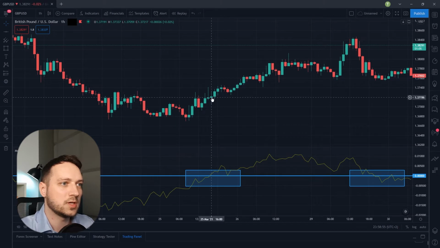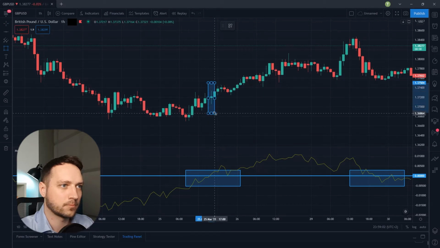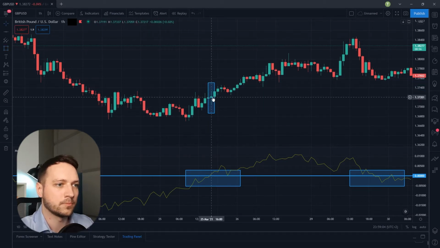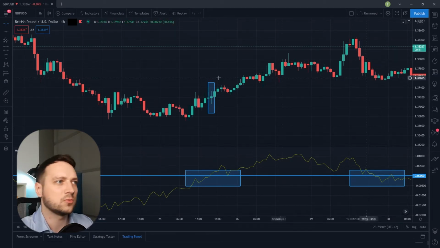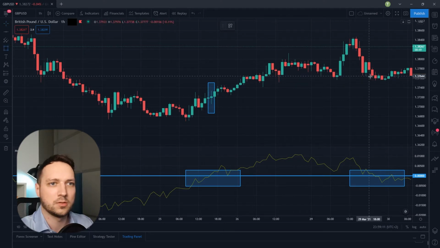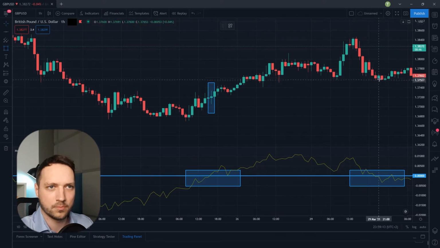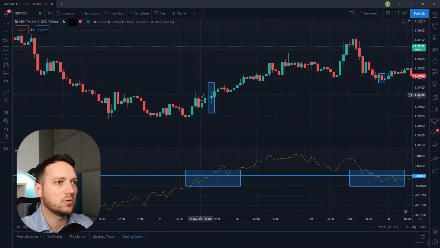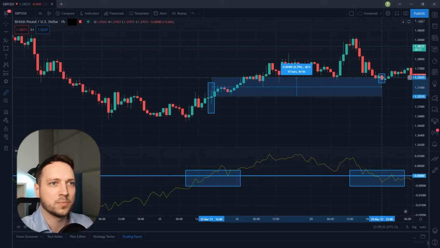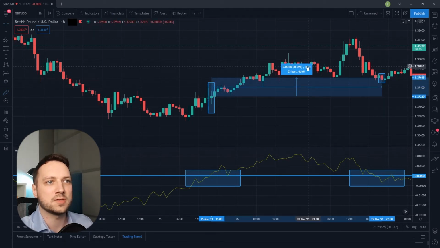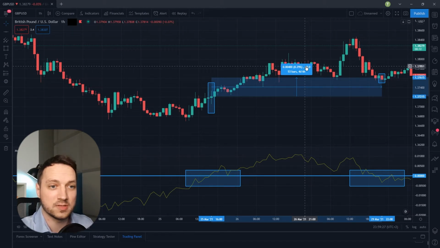We have this entry on this green candle. And exit, clear exit is on this red candle. So let's check with the ruler how much it would yield us profit. So more or less it is a 40 pips profit from this particular trade.